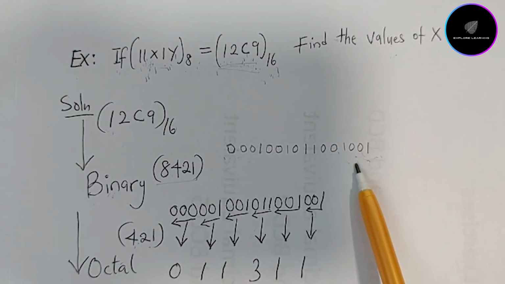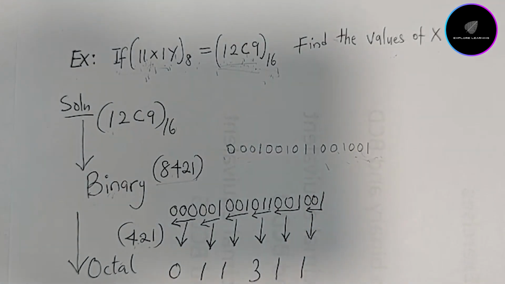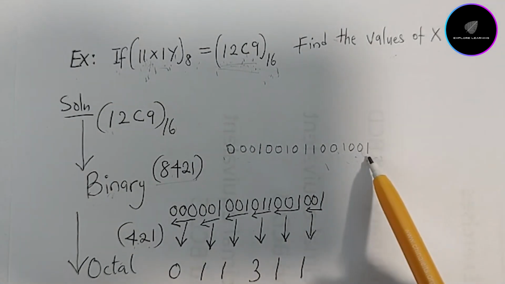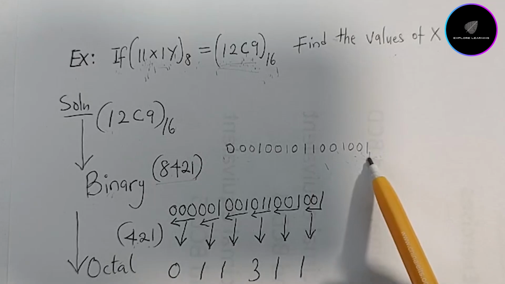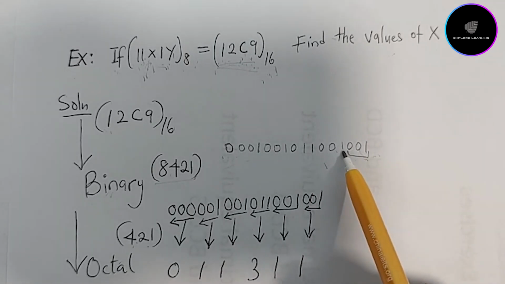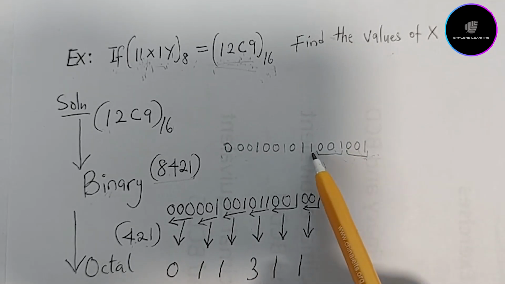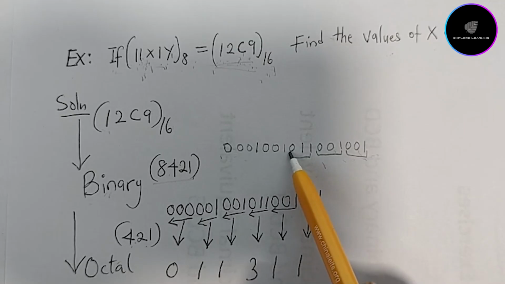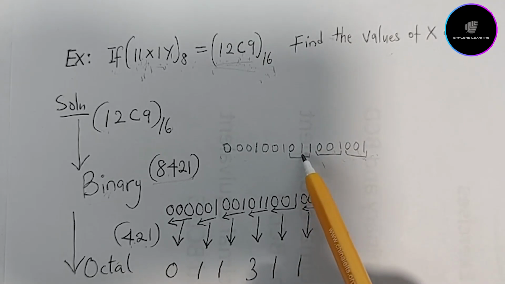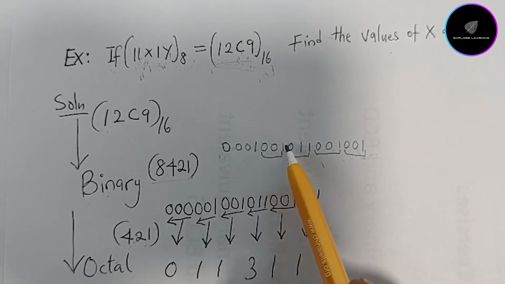So in this case, let's begin. We have 1, 2, 3. This is our first grouping. It has 3 digits in a group. The second grouping is this. It has 3 digits. The third grouping has 3 digits. We have the fourth grouping. It has 3 digits. Then we have the fifth grouping.